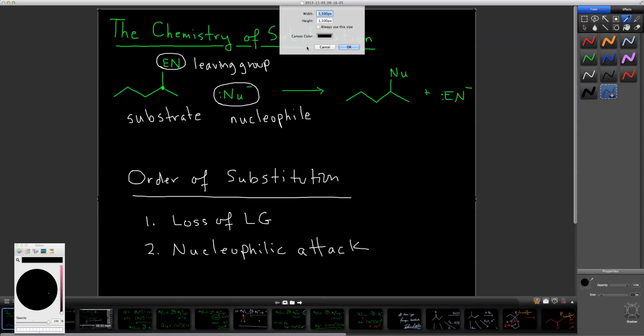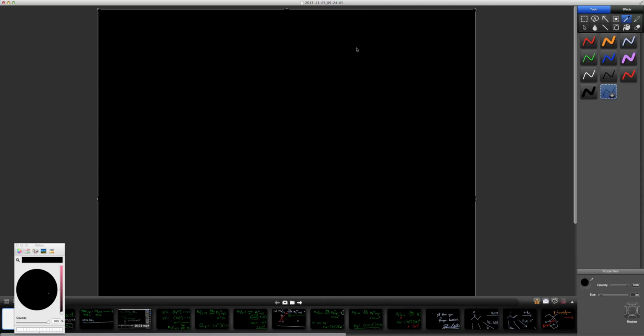And so let's use this specific example, and I'm going to make this into a more specific substrate. And I'm also going to give it some stereochemistry. Now, after our unit on stereochemistry, we should be able to more specifically name this compound.